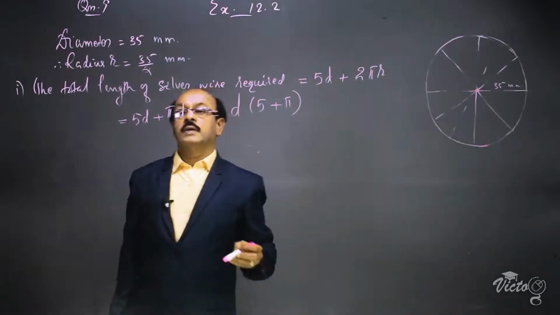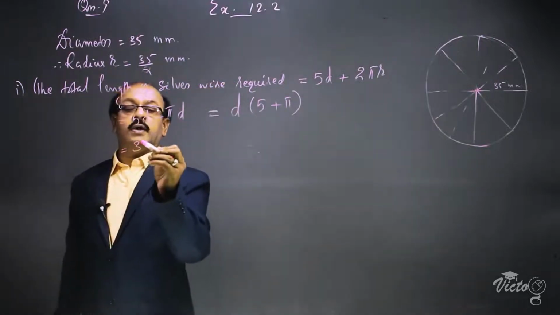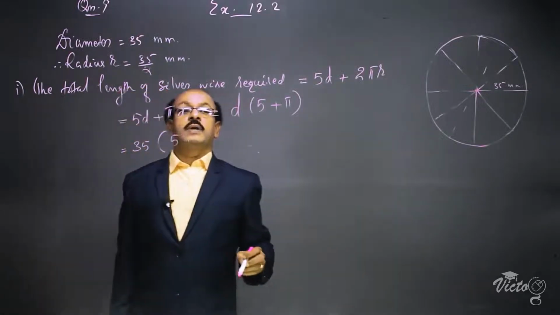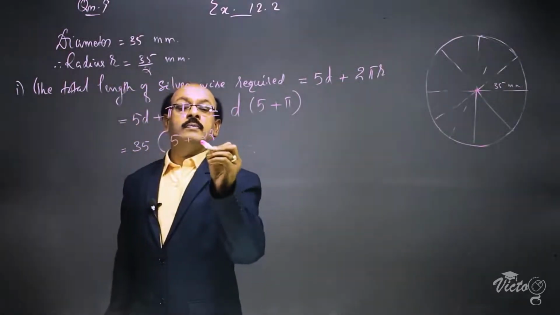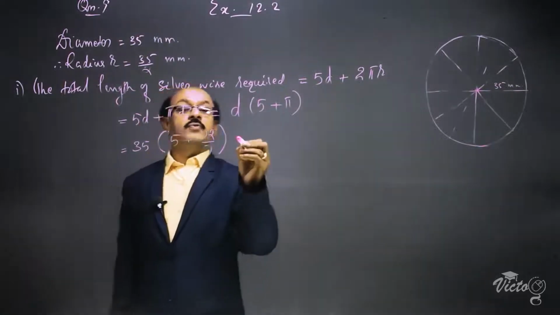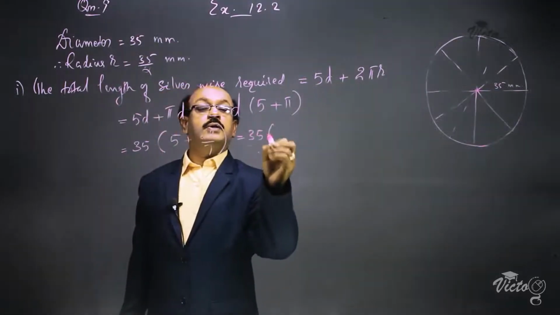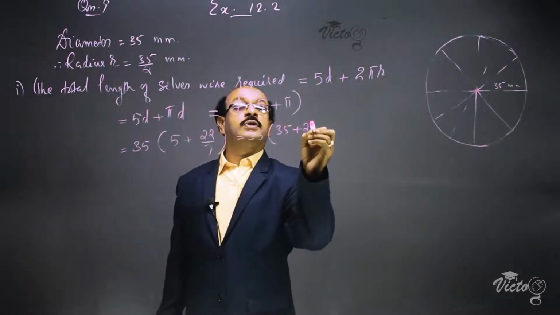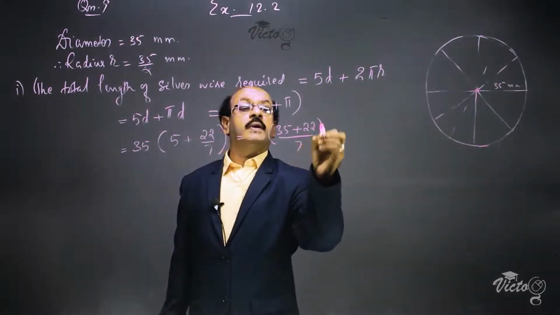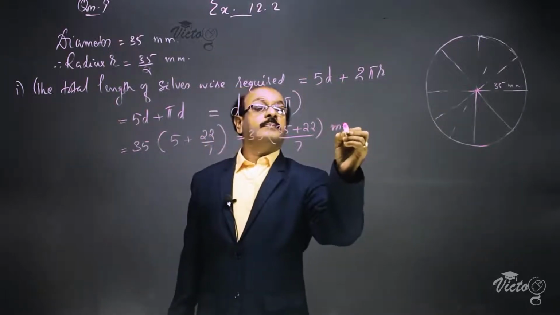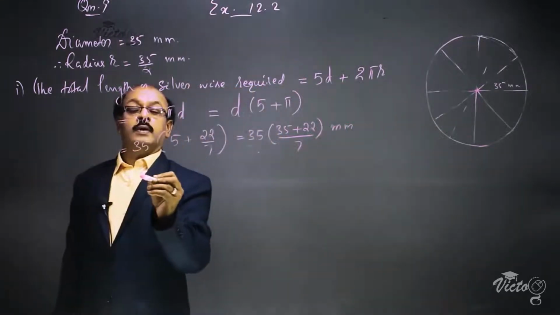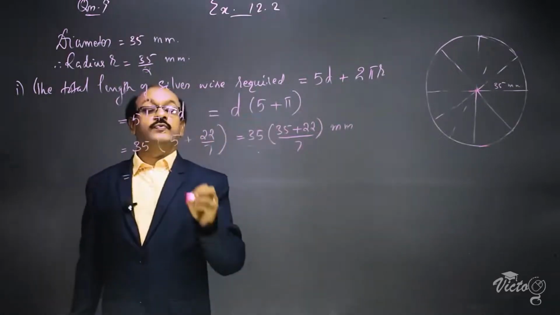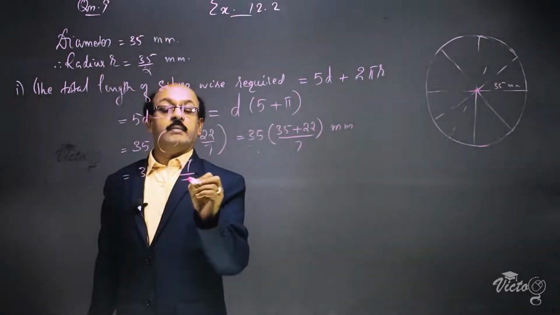Giving values, diameter d is equal to 35 into 5 plus 22 by 7. Simplifying, 35 into 5 into 7 plus 22, the whole divided by 7 millimeter. This is equal to 35 into 35 plus 22, which is 57, divided by 7.